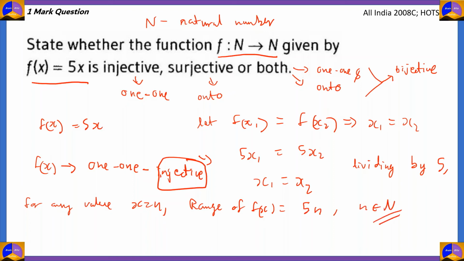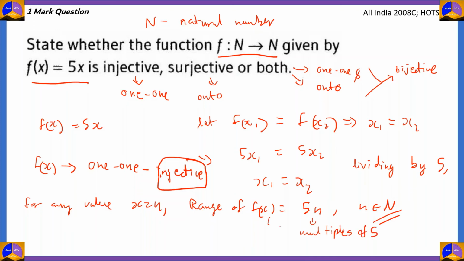And this makes sense. So suppose x is equal to 1, then f of 1 will be 5 into 1, which is 5. And f of 2 will be 5 into 2, which is 10. So it's basically multiples of 5.